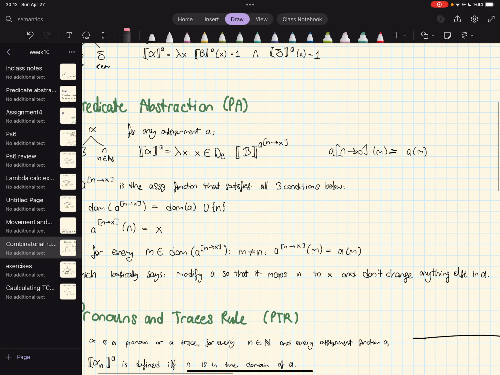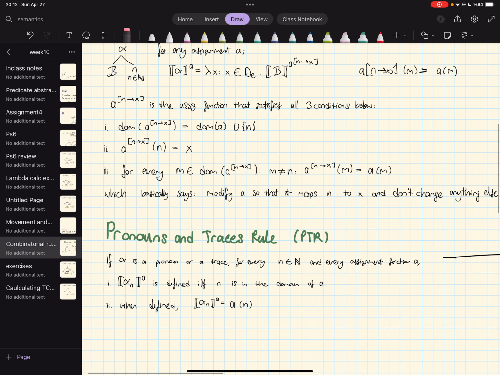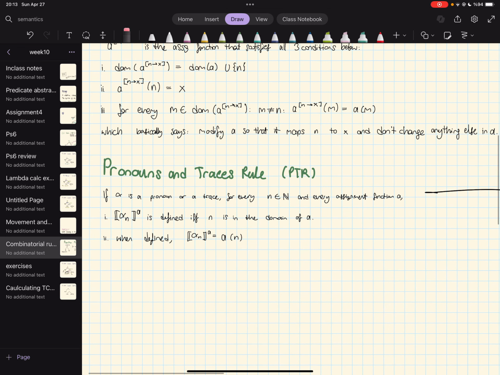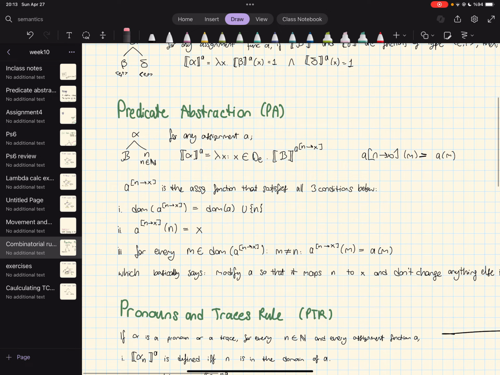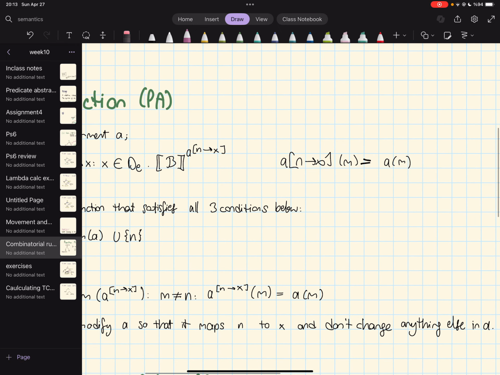When we use predicate abstraction, usually the next step will be to use the pronouns and traces rule. Something to note is that PTR is not a combinatorial rule, but it's something that we will really need to make use of, so let's talk about it as well. When we have a predicate abstraction, in the assignment function A, n is mapped to x, right?